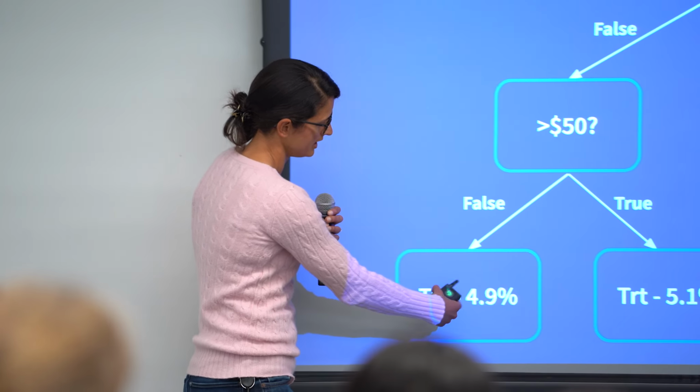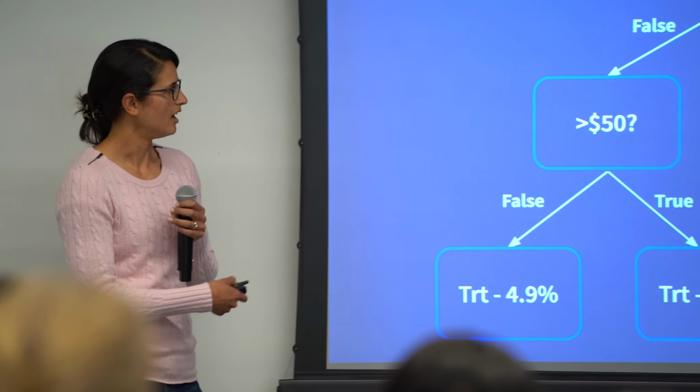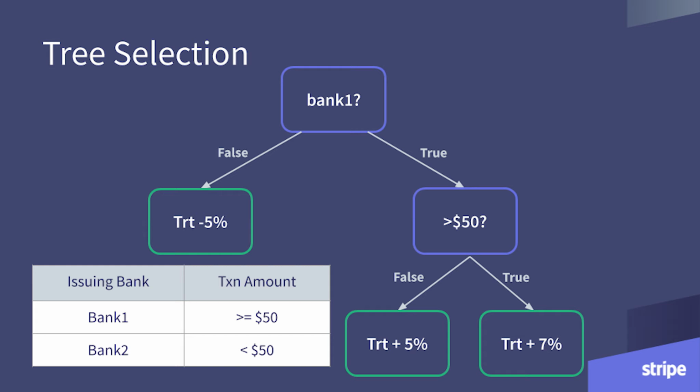In this case, because we see these two leaves here have pretty similar magnitude treatment effects, when we did this hyperparameter selection for tuning, we would probably end up with suggested clusters with only 3 nodes. And so you see that one of the groups would probably be bank number 2. The second group would be bank number 1 charges that are less than $50. And then the third group would be bank number 1 charges that are greater than $50.